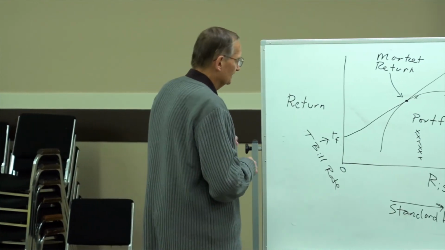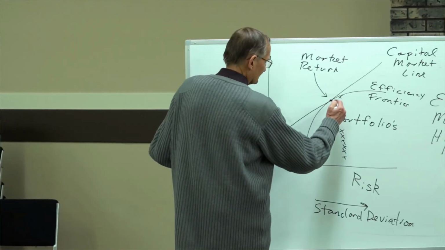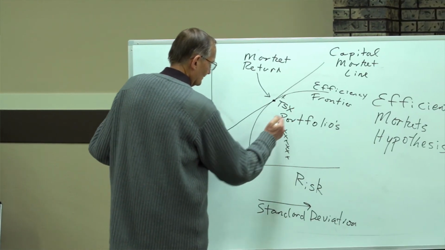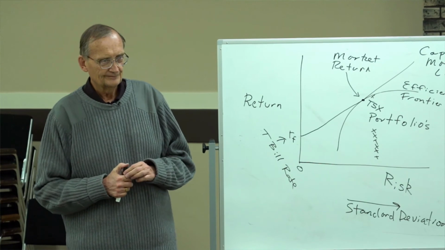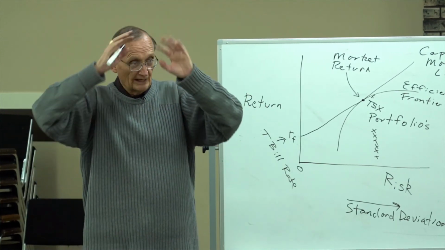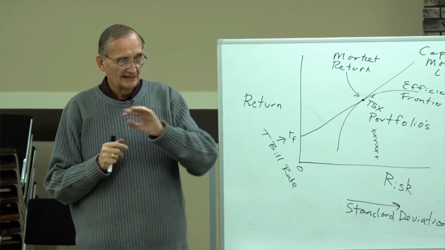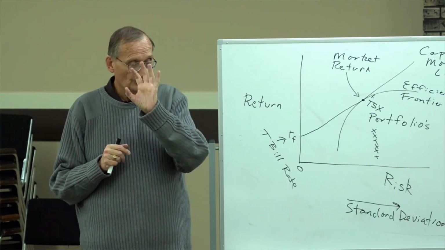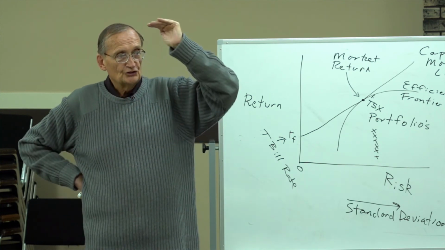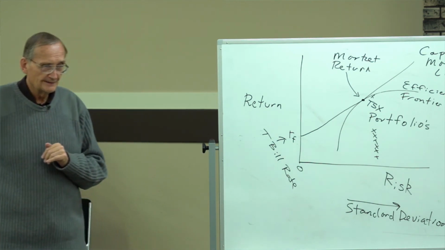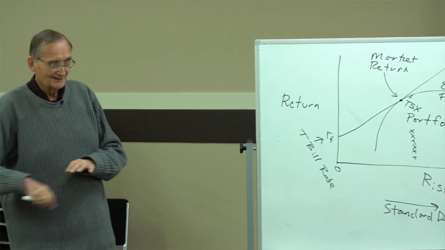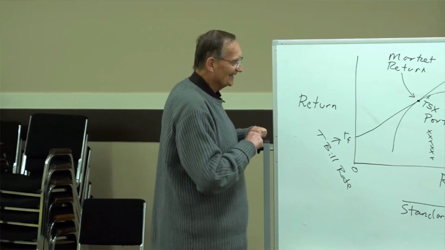So if you're in Canada, that's the TSX portfolio. It's every stock that's listed in Toronto. All of it, grouped in the weightings and the returns. And if you hold that portfolio, you get that return. Talk to the guy here on Monday next week. He'll tell you that's an index fund.